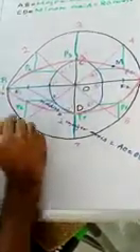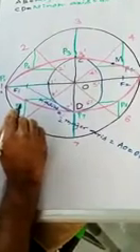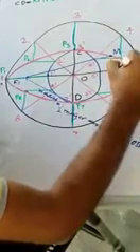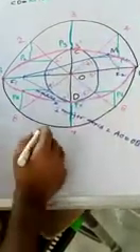After getting F1 and F2, join the points F1 and M, F2 and M. Now, here you have F1, M, F2, an acute angle. For this angle, you have to draw the perpendicular bisector. This becomes the normal.